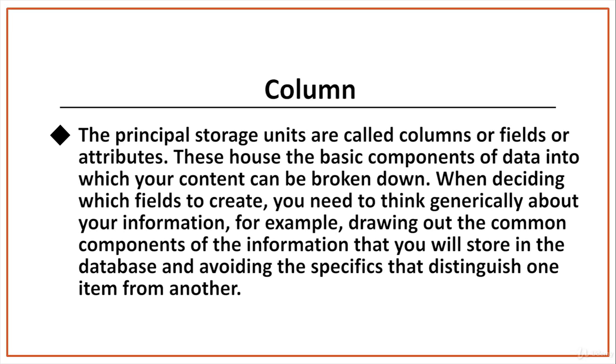These house the basic components of data into which your content can be broken down. When deciding which fields to create, you need to think generically about your information, for example, drawing out the common components of the information that you will store in the database and avoiding the specifics that distinguish one item from another.